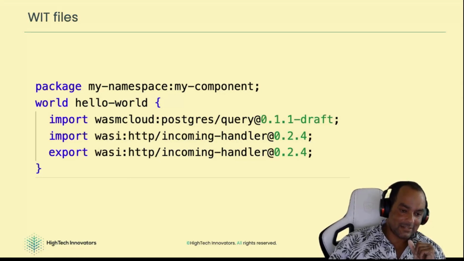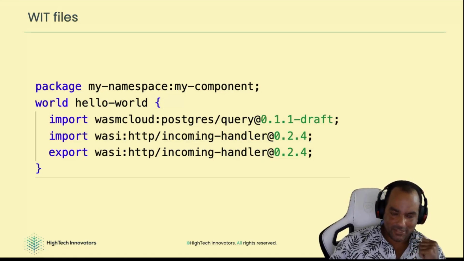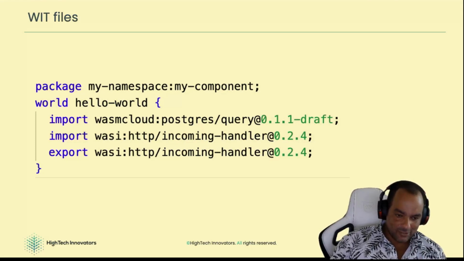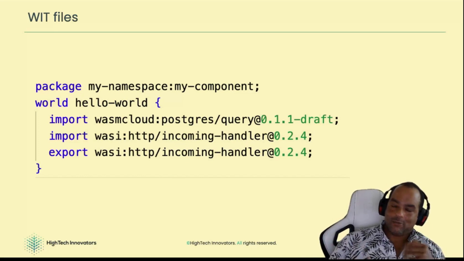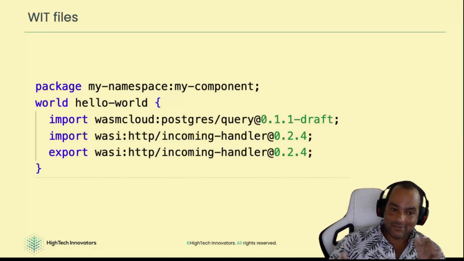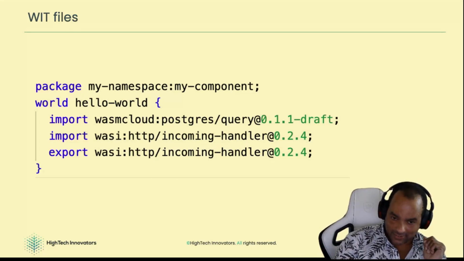It needs database access, so that's the Postgres query import. Declaring that means that you can use the functions in that module. It also needs to handle incoming HTTP for the types, and it also exports the incoming HTTP. So it says, when I am ready to go, when all my requirements are met, I can handle HTTP requests.